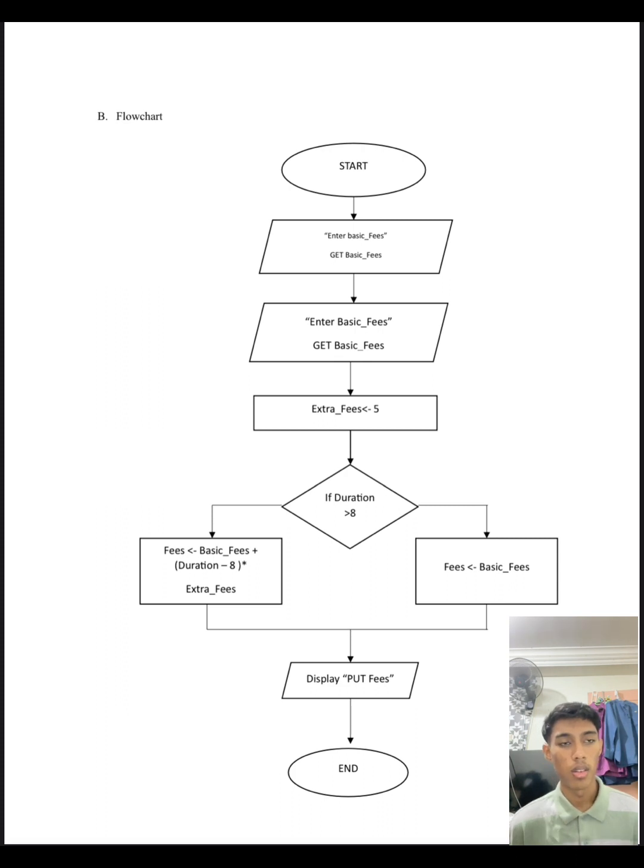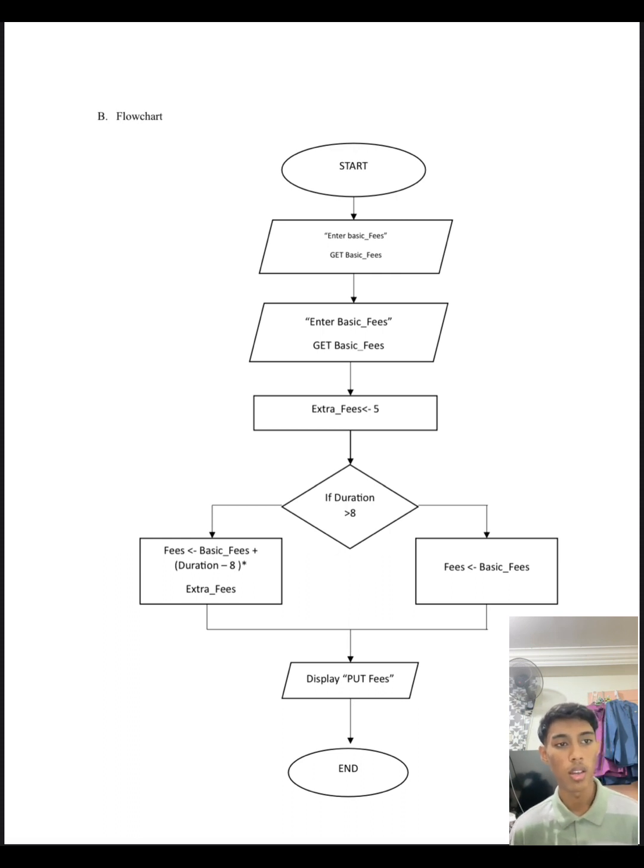Based on the flowchart that I have sketched, in the oval shape, first I put start, and then the arrow between the oval shape and the input shape.